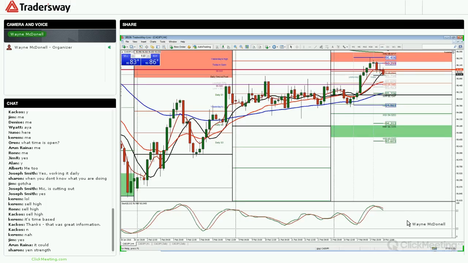What are they going to do on the 4-hour? Can you predict the future? That could be very interesting. Now, if we hadn't had a shortened week, it'd be Tuesday.